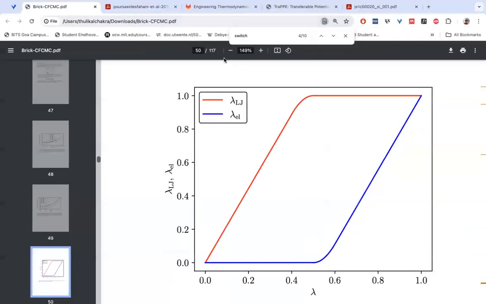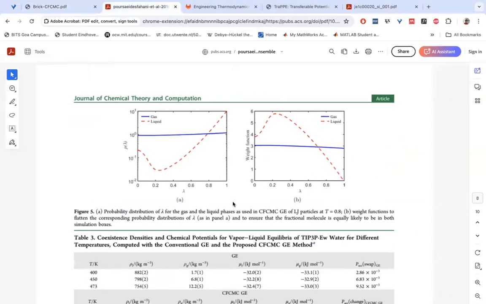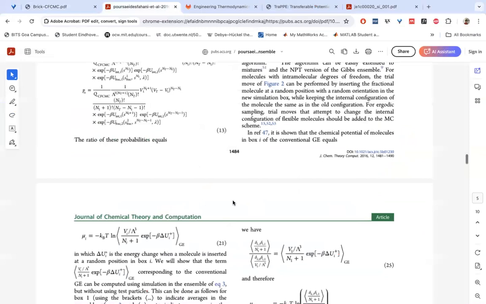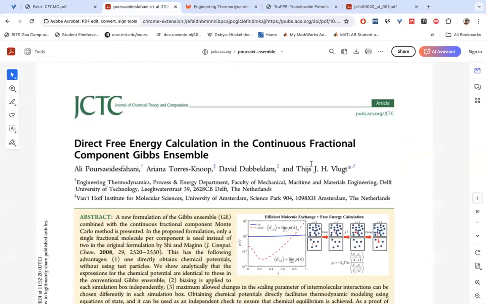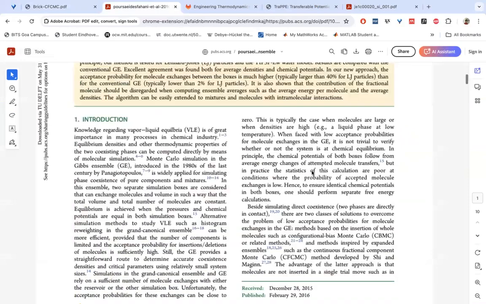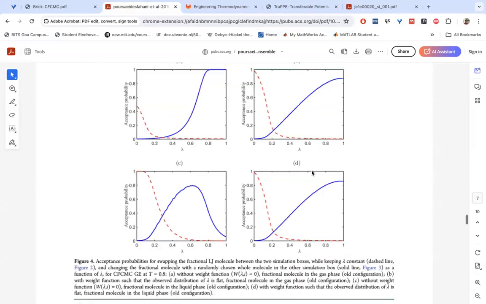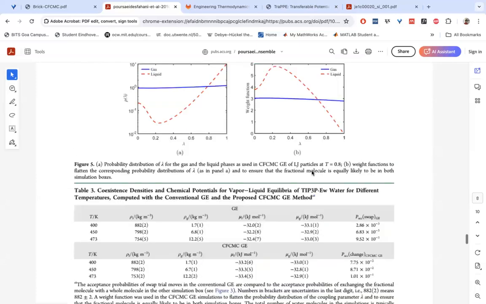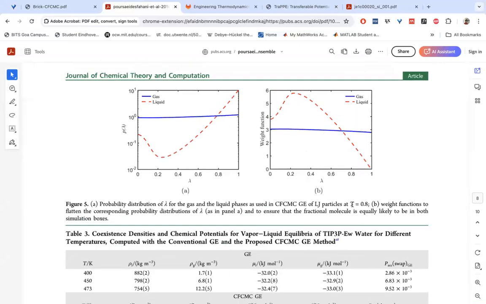Now, to show you how a weight function looks, this is the paper by Pursaid Isfahani and co-workers, where they use the Gibbs ensemble in the CFC-FC method, and they calculate the weight functions for a system consisting of Lennard-Jones particles at a reduced temperature of 0.8.